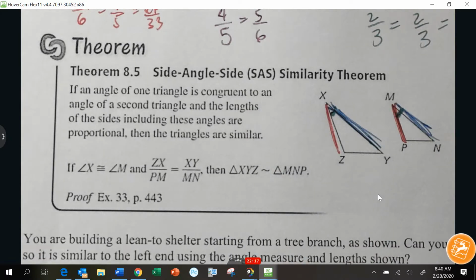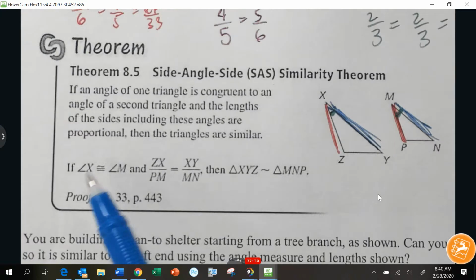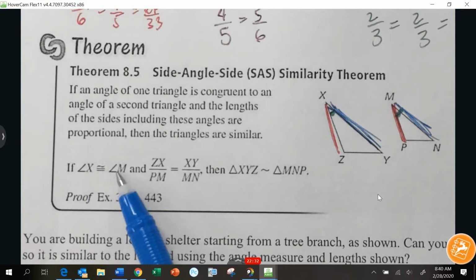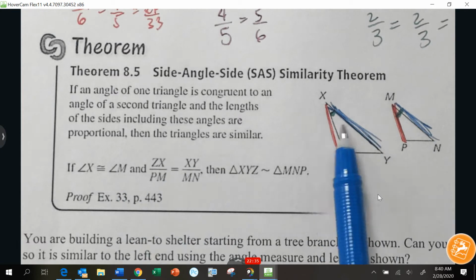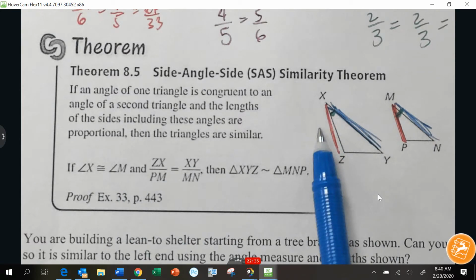What are we talking about? Not congruent. What are we talking about? The corresponding angle at the two sides that make that angle are proportional.